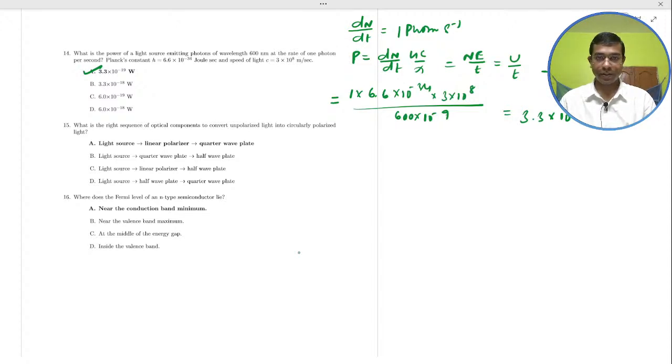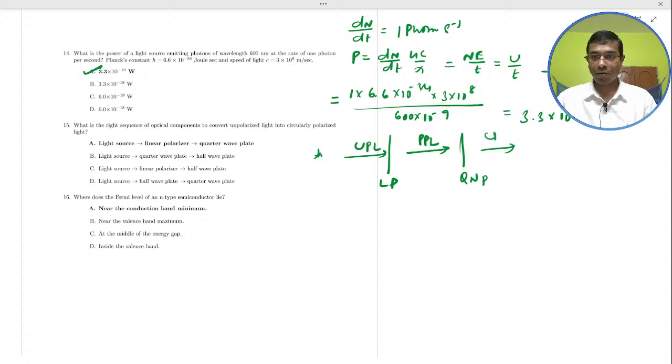The ray diagram here: this is the source, unpolarized light, then the linear polarizer gives plane polarized light, then the quarter wave plate, it will become the circularly polarized light. Okay, option A would be the correct. Light source, linear polarizer, then the quarter wave plate.